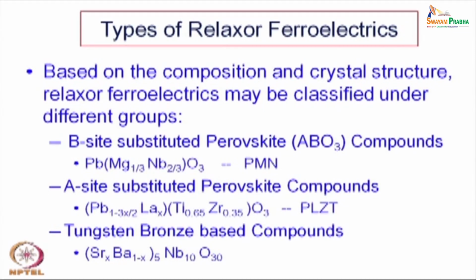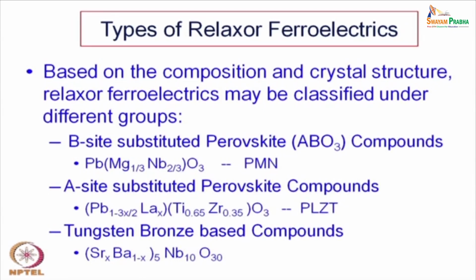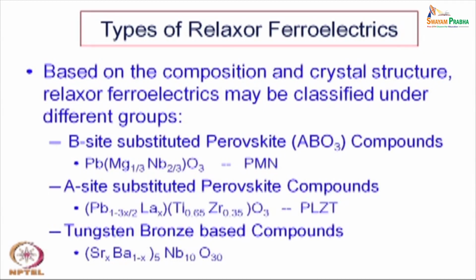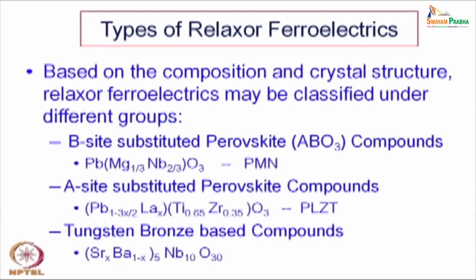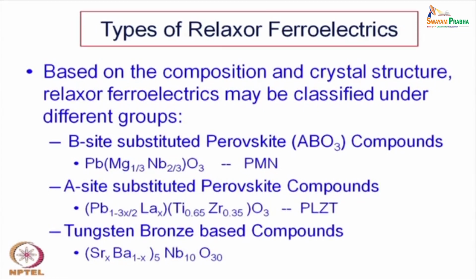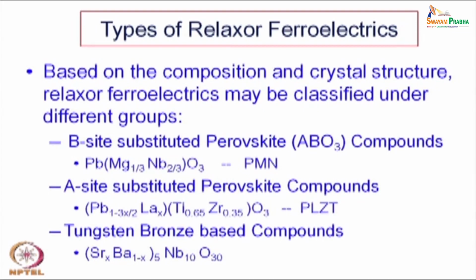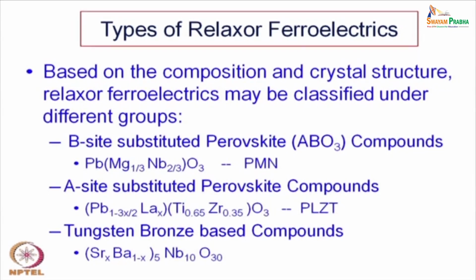One is called the B-site substituted perovskites. As you remember, perovskites have the general formula ABO3. This is what we call B-site substitution, that means the B atom can be substituted by some other ions.